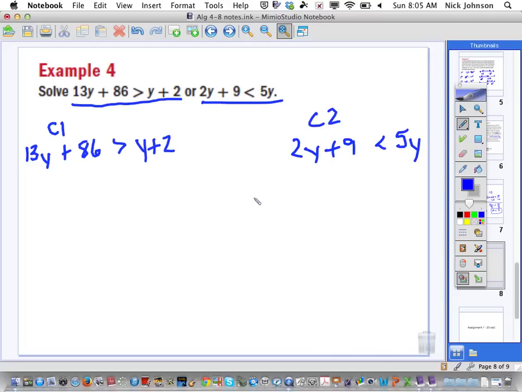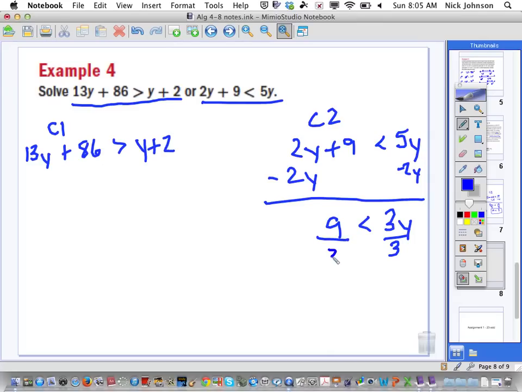I'm going to do the easy problem over here first, so I'm going to subtract 2y because I got to get my y's together. Leaves me with 9 is less than 3y. Therefore, divide by 3. y is greater than 3.